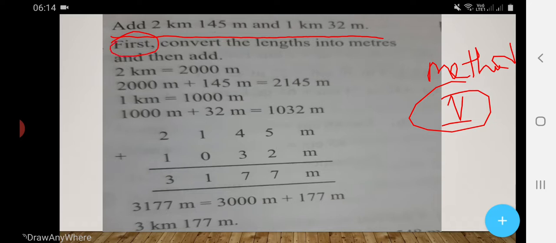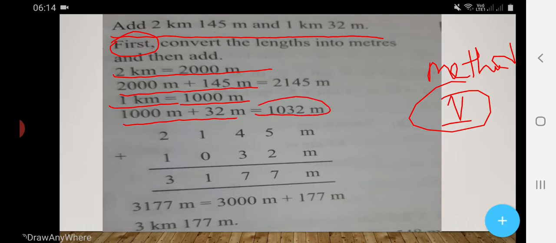First, convert the lengths into meters and then add. 2 kilometer is equal to 2000 meter. 2000 meter plus 145 meter is 2145 meter. 1 kilometer is equal to 1000 meter. 1000 meter plus 32 meter is 1032 meter.